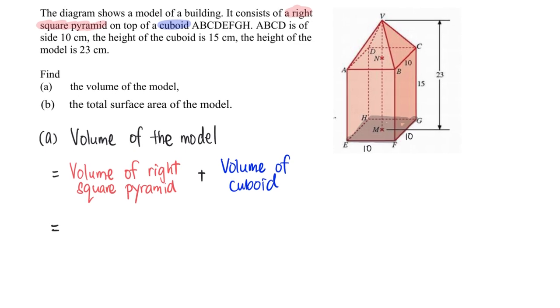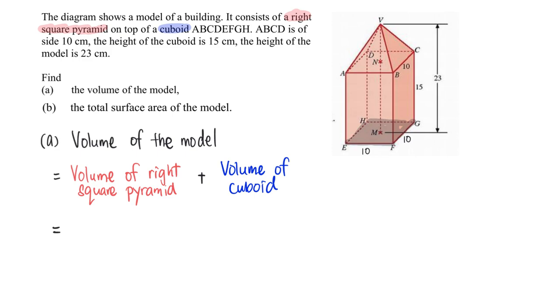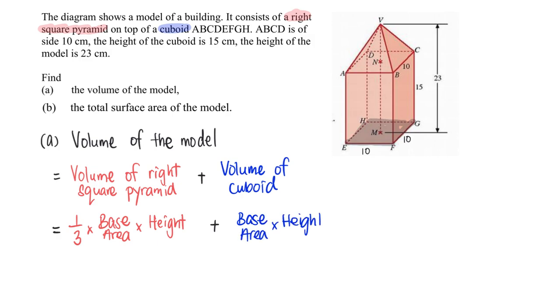And we all know that the volume of a pyramid is 1/3 the base area times the perpendicular height of the pyramid. As for the volume of the cuboid, it is simply the base area times the height of the cuboid. And do notice that they share the same base area, which is 10 times 10.